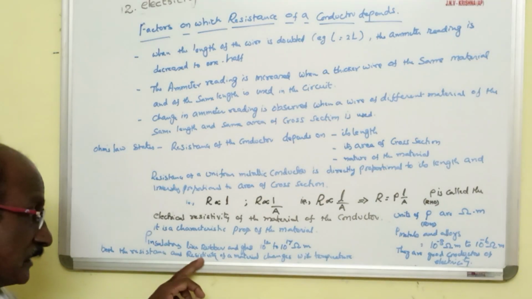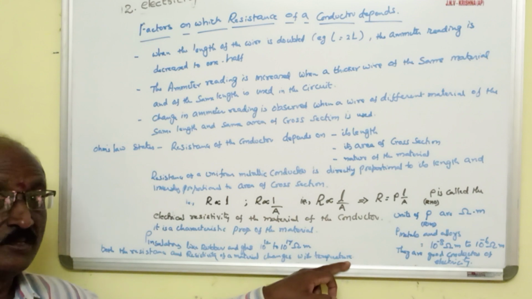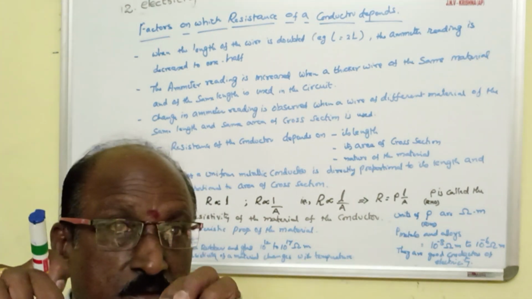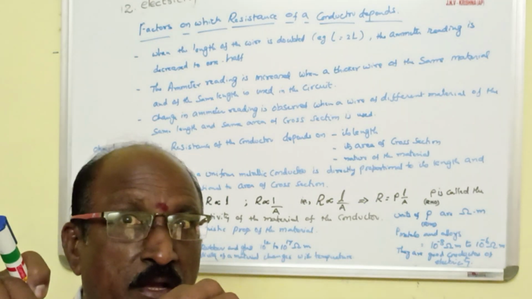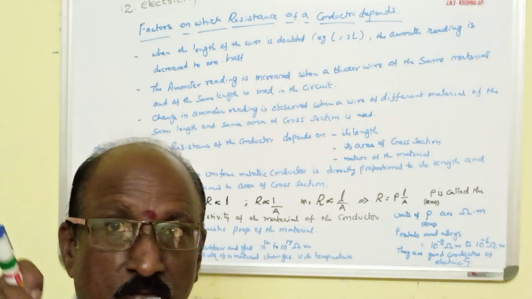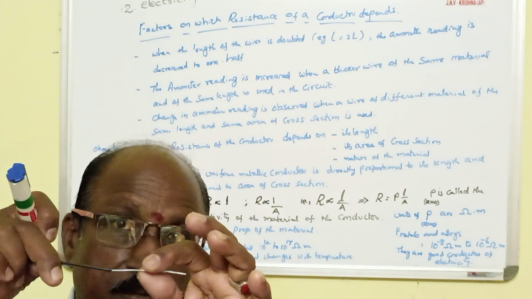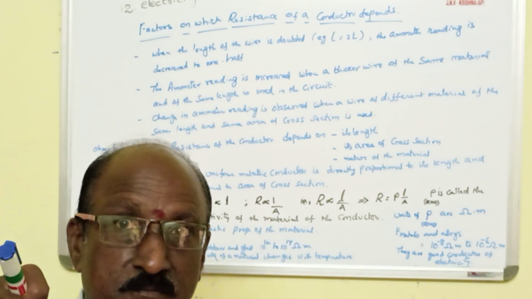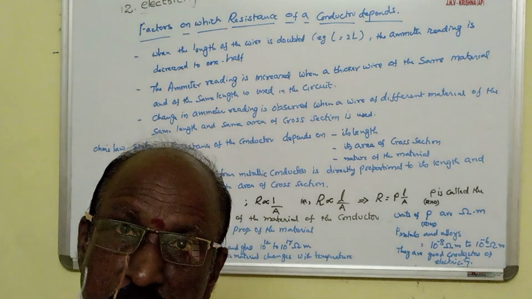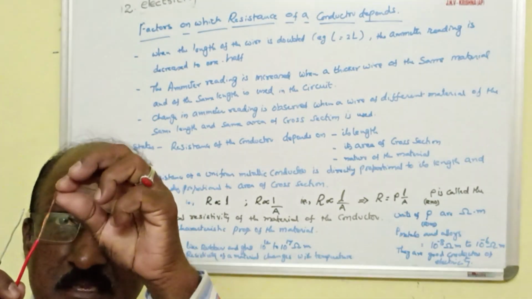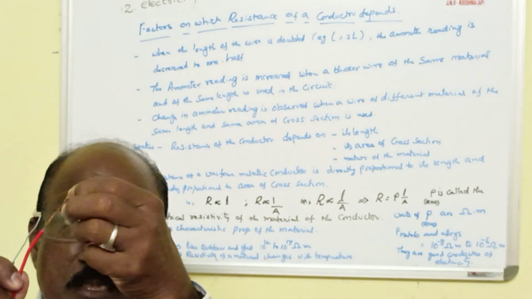Both the resistance and the resistivity of a material change with temperature. For example, if we connect an ordinary wire to a transformer, what happens? The temperature rises very much. That is why wires melt quite often. Even in our houses regularly the fuse goes off, because of the high temperature from the intake of current.